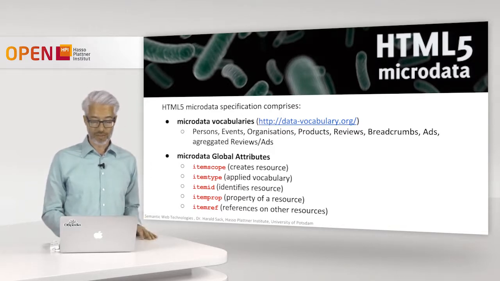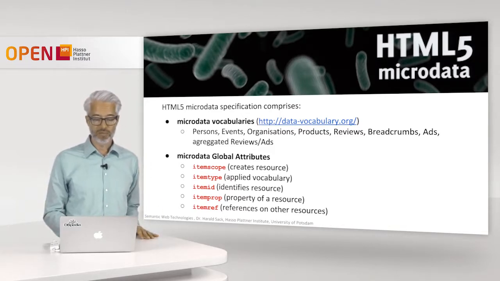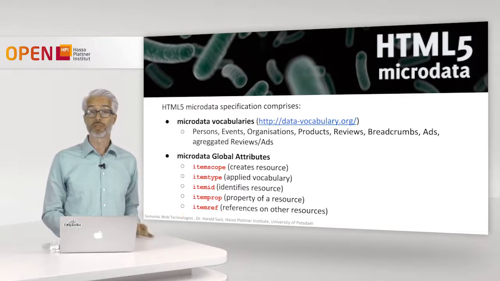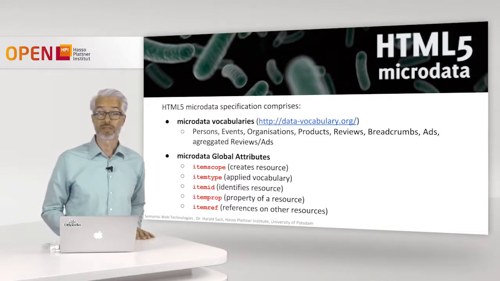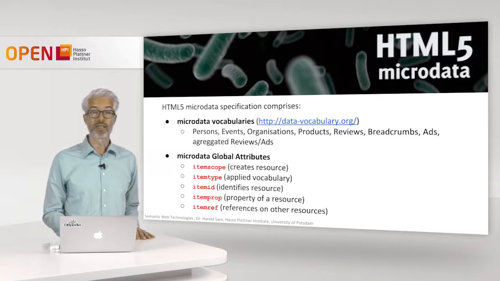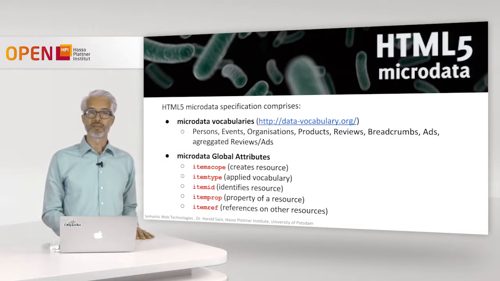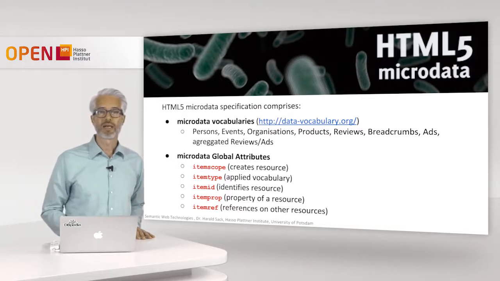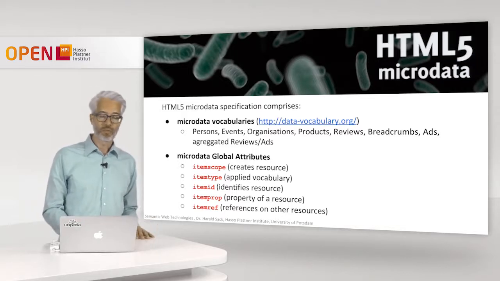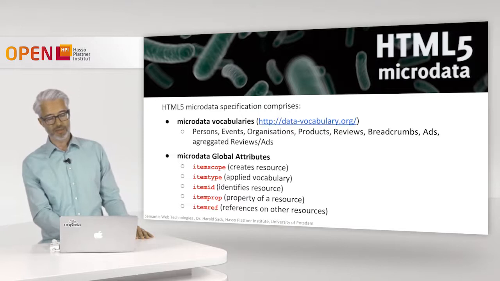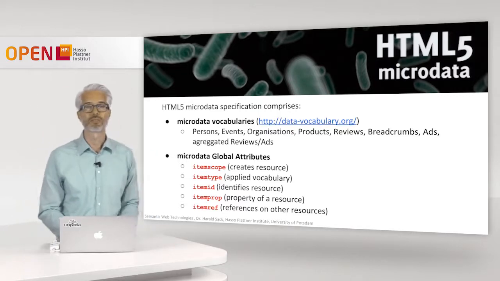So first of all, there is itemscope, for example, which creates a resource. So we know that like a resource, for example, in RDFa, then you can give a type definition with itemtype. You can define a unique identifier with itemid. You can define a property with itemprop, and you can give references to other resources with itemref.